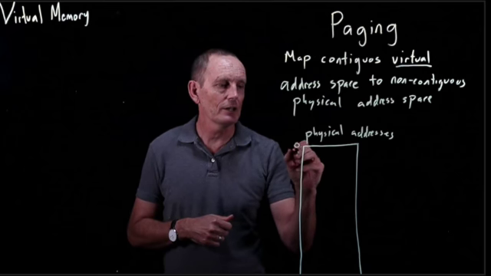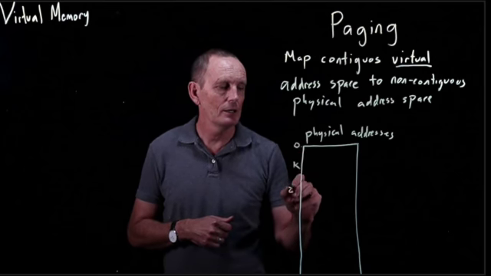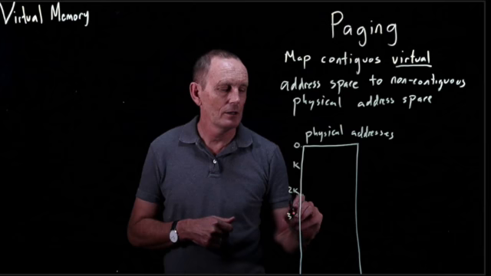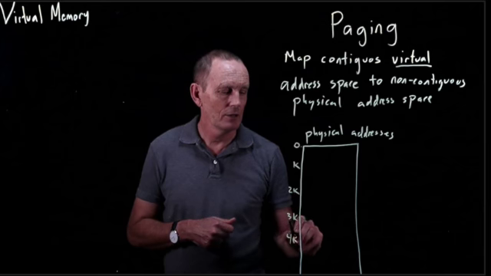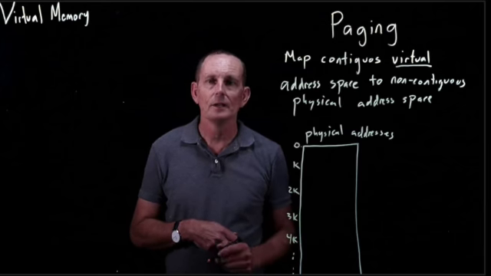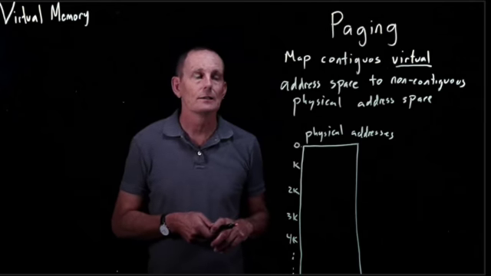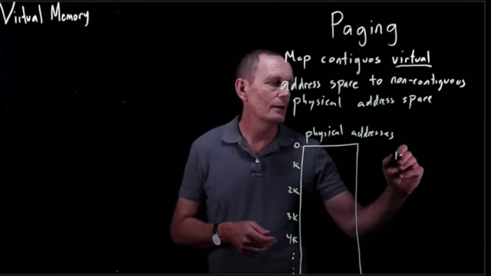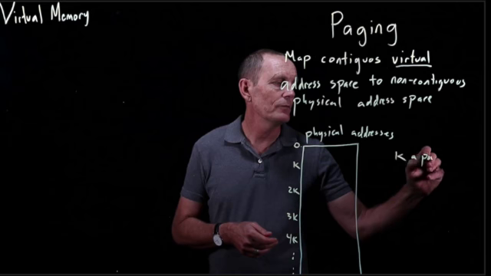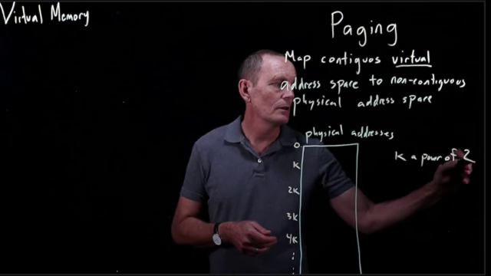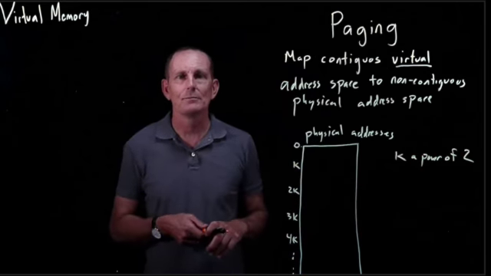So we'll start out like 0, K, 2K, 3K, 4K, etc. So our page size or frame size is K, a power of 2, because pretty much all numbers in computer science are powers of 2.